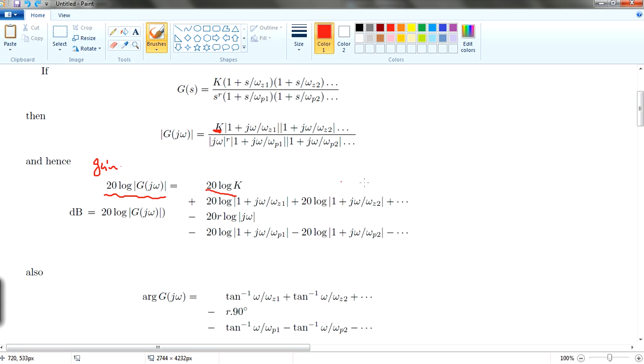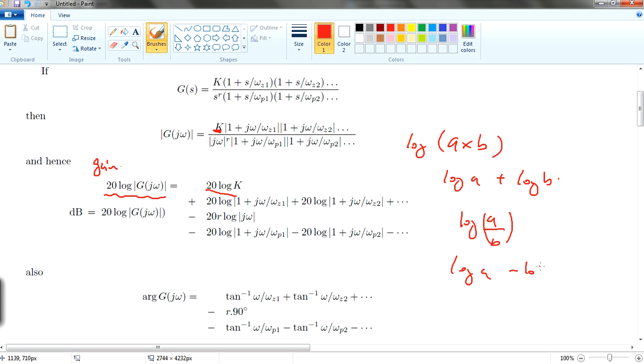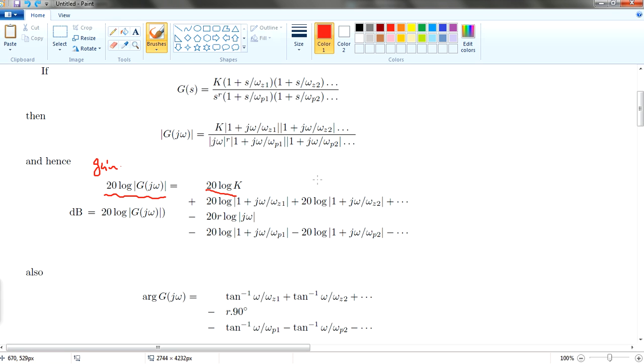If you remember the log rules, if it's a times b, when you log them together you get log a plus log b. If it's log a divided by b, you get log a minus log b. This is the case behind what we're trying to do.